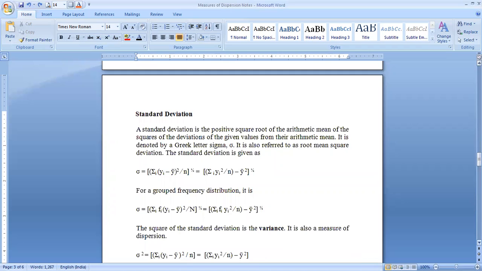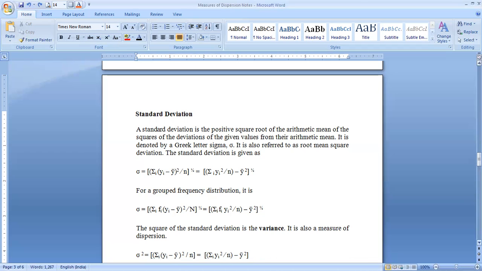The standard deviation is given as sigma is equal to the square root of summation (yi minus y bar) whole square upon n. So yi is the data we have, and y bar is its average value, the mean value, while small n is the total number of data.